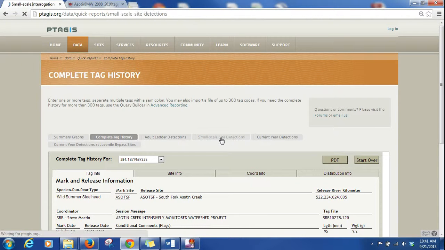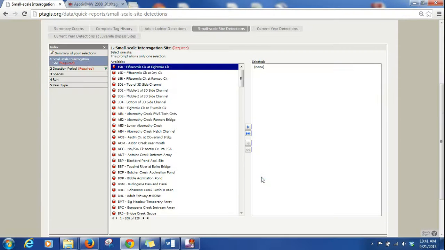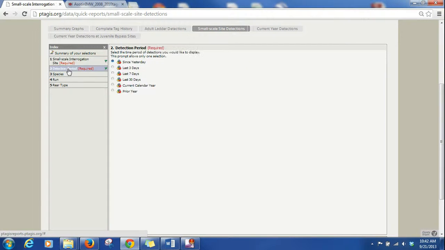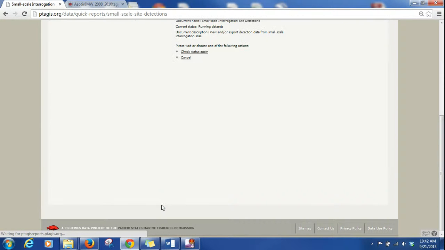You can also look at detections by individual site. So, for example, if we wanted to see which fish had been detected at the antenna just below the North Fork, South Fork Asotin confluence, we would select that. And let's look at fish that were detected there over the last 7 days.